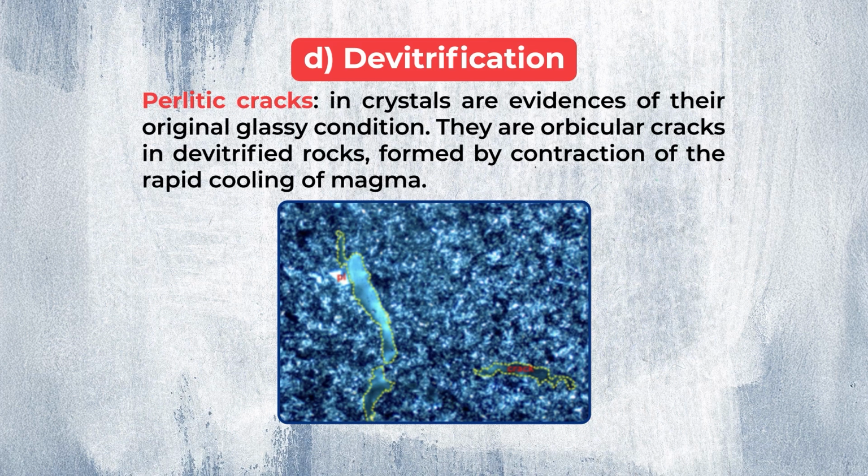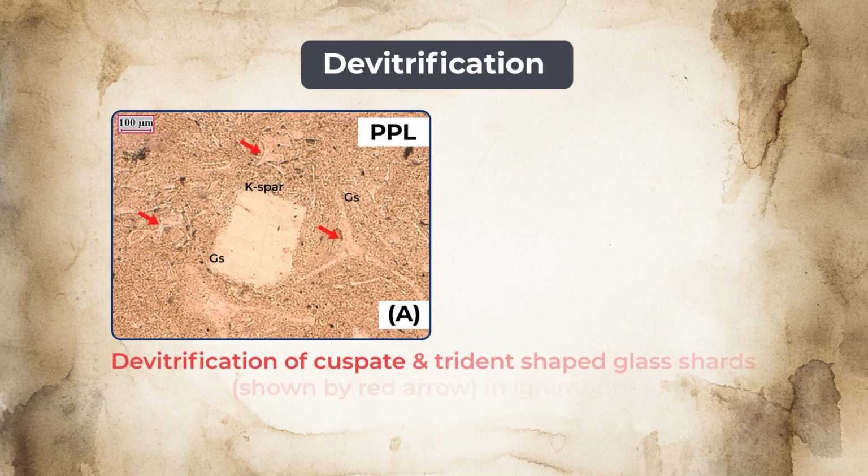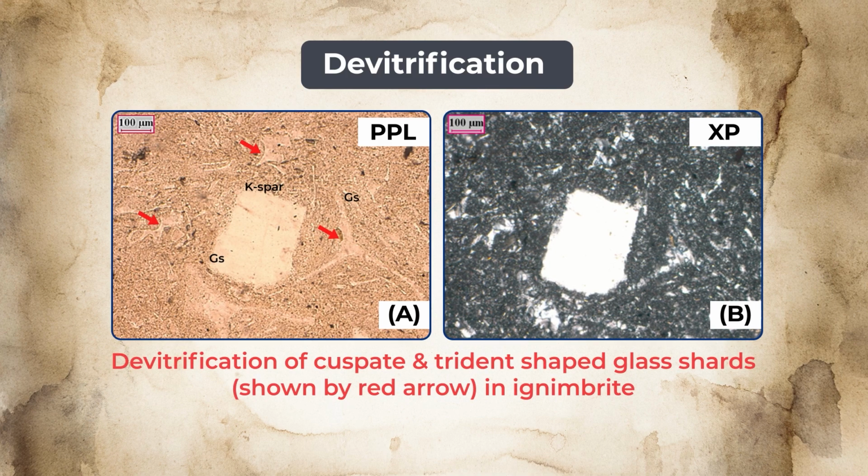They are orbicular cracks in devitrified rocks formed by contraction during rapid cooling of magma. Here the cracks are shown in gray color in the photomicrograph. Devitrification is also shown here in trident-shaped glass shards in ignimbrite.